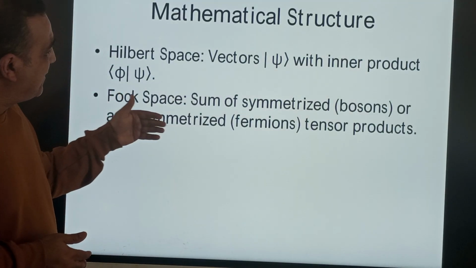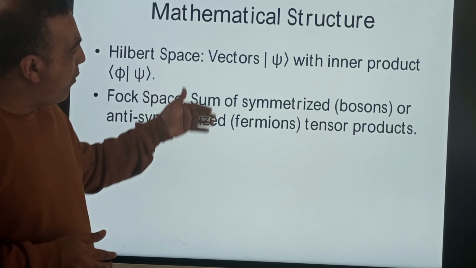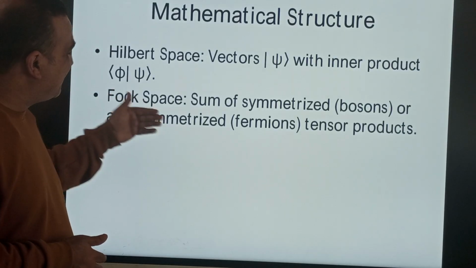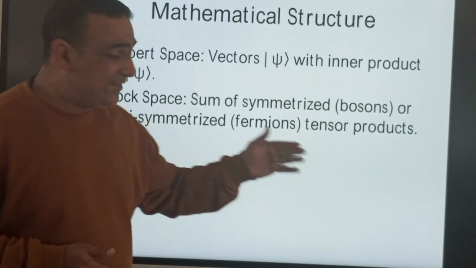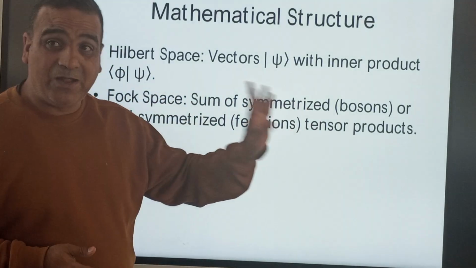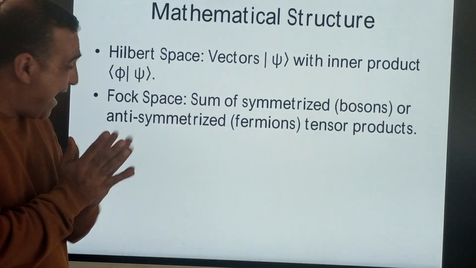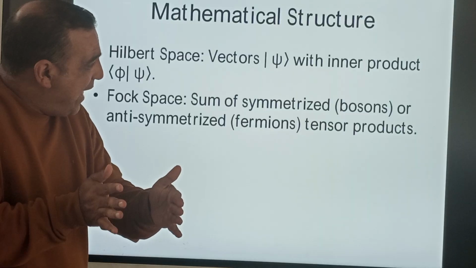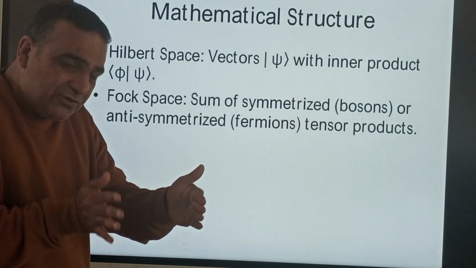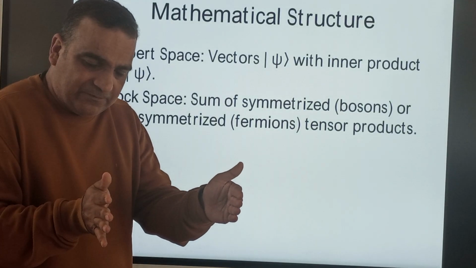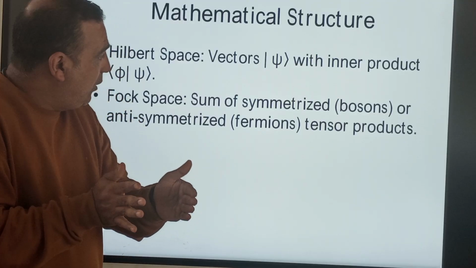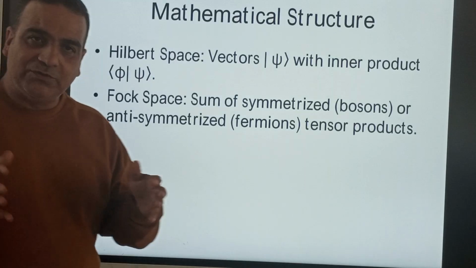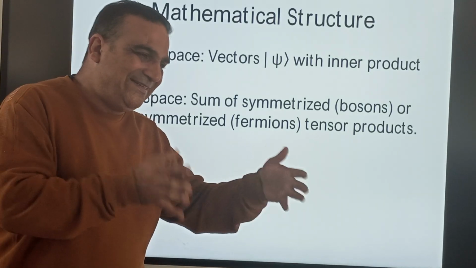But for Fock space, we have a sum of symmetrized or anti-symmetrized tensor products. This is the most important point about the Fock space. You can symmetrize your bosons, in the framework of Bose-Einstein, or anti-symmetrize your fermions using the product of tensors.